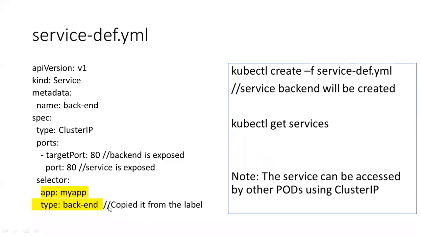You just need to filter it out. It will group them, and then it will be mapped to this particular service. Once the file is ready, run kubectl create -f with the service definition YAML. You just go ahead and create, and then get services. So the service can be accessed by other pods using this cluster IP now.